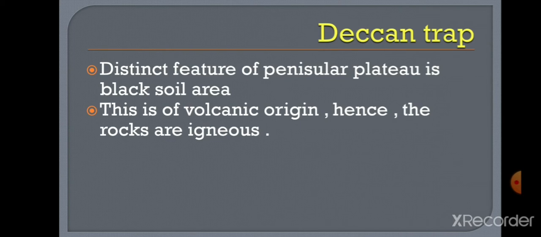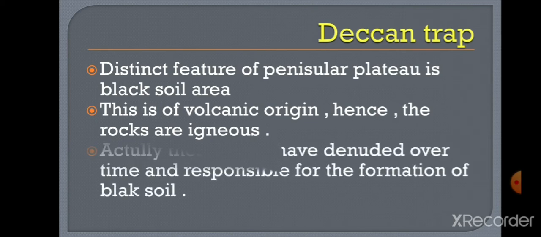The soil is black because this area has a volcanic origin. The rocks were formed after volcanic eruption, and as time went on, denudation, the erosion caused by water, converted the rocks into soil, and that is how the black soil was formed in this area.